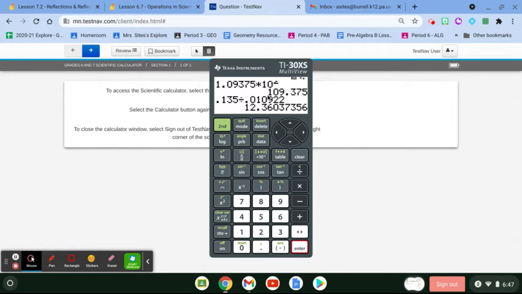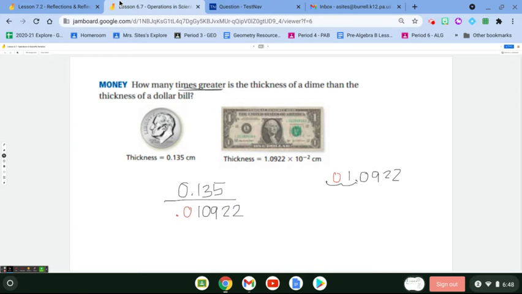So if I were to convert that into scientific notation, it would be 1.23 and then a whole bunch of decimals behind it, all right? I think just for our sake, just because I'm getting a big decimal, maybe not to put this in scientific notation. So I'm just going to say it's about 12 times greater.